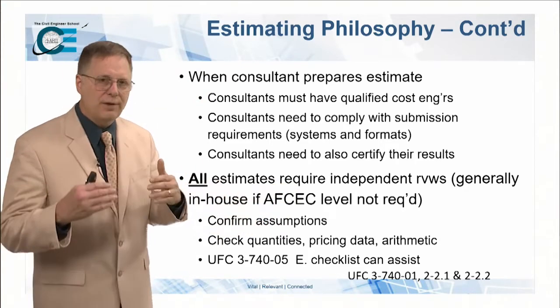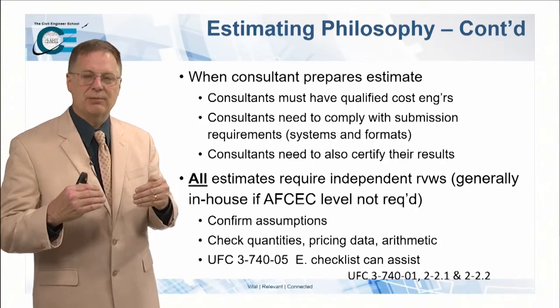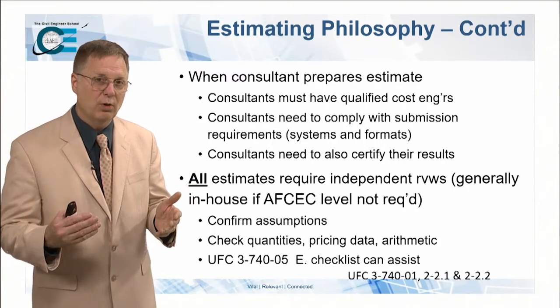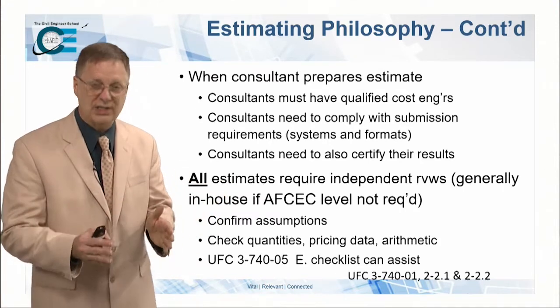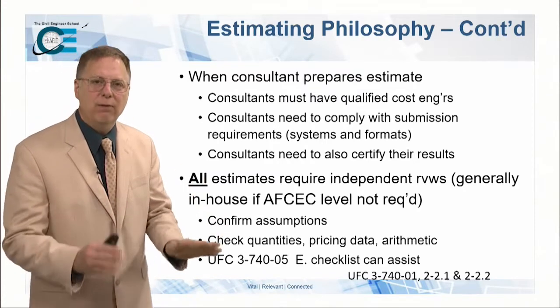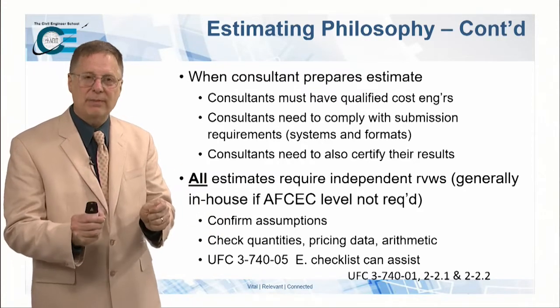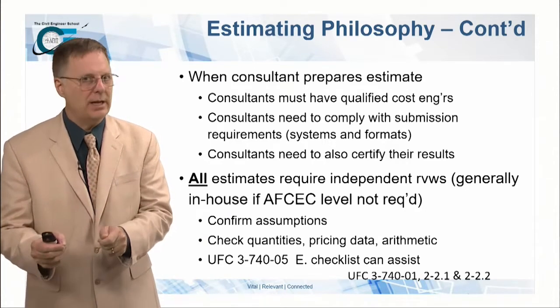Now, there's a formal independent review and approval that is part of this whole cost estimating improvement process. We've just discussed it in the previous slides. There's a formal process to do this. But notwithstanding that, every estimate that you do should go to somebody else to ask, what did I miss here?